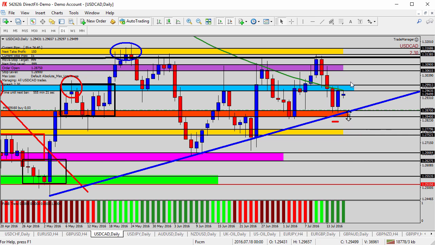Above it, as we've seen, pushing back towards the 1.2960 level, the blue zone, is our current resistance, 1.2960 to 1.2990. Anything above that, we'll look for the continuation towards, we'll call it the 1.3100 level right now. But anything above 1.31, we could start looking for the continuation of the upside here for the USD CAD.